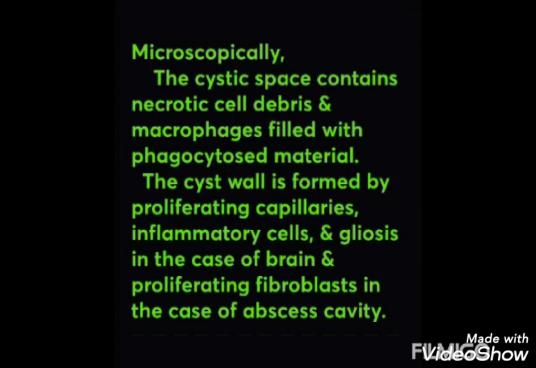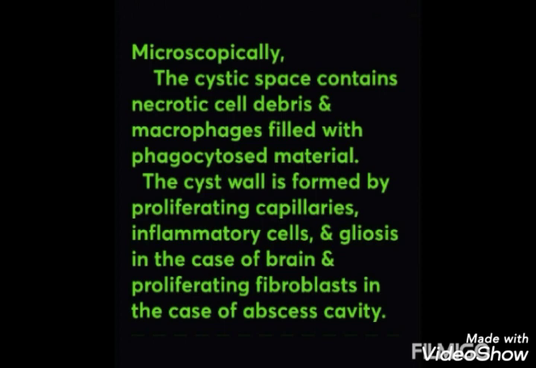The cyst wall is formed by proliferating capillaries, inflammatory cells and gliosis in case of brain, and proliferating fibroblasts in case of abscess cavity. These are the microscopic features of liquefactive necrosis.